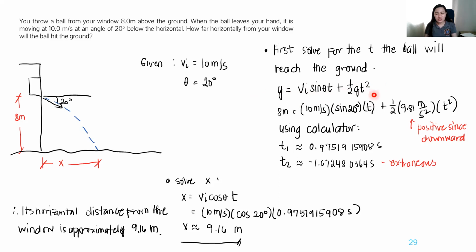But if you will notice here, I used positive 9.81. Okay. Because the y here is now, I made the downward direction positive, since everything is going downward. But it will still work if we make upward positive.